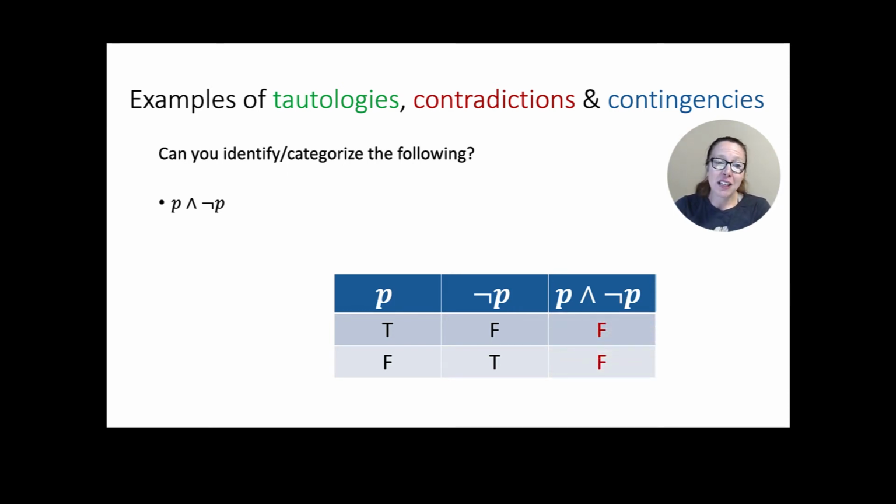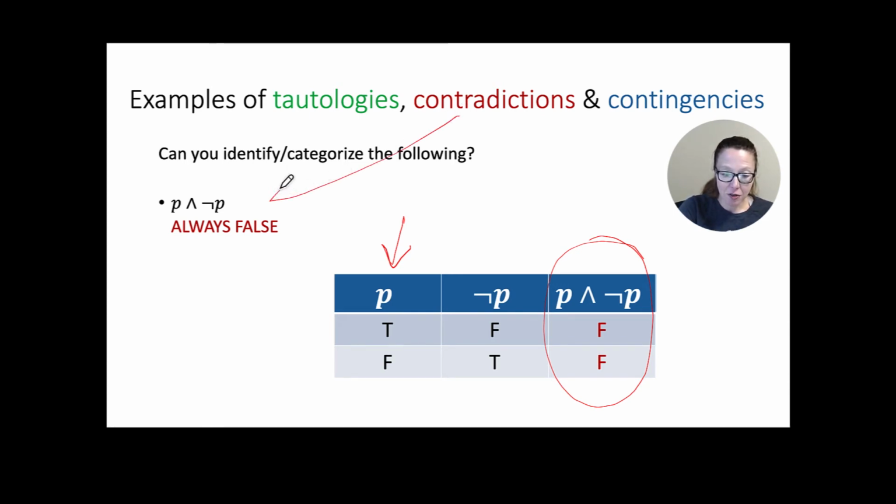And so because of that, every possible way that we're able to assign truth values to the atomic propositions that make up P and not P lead us to false values. So P and not P is always false. And so this is an example of a contradiction, right? P and not P is always false, no matter how we assign that.